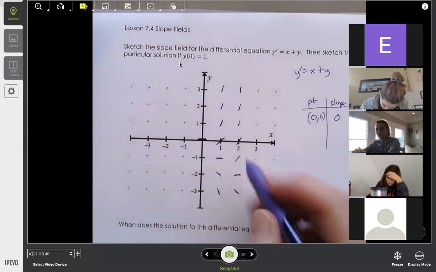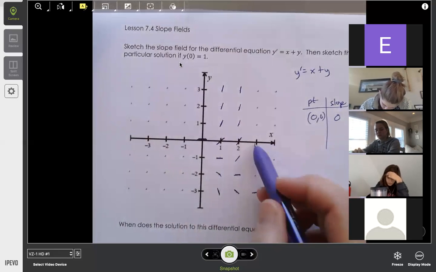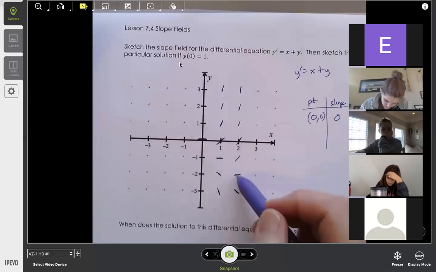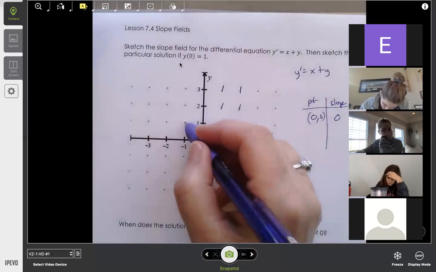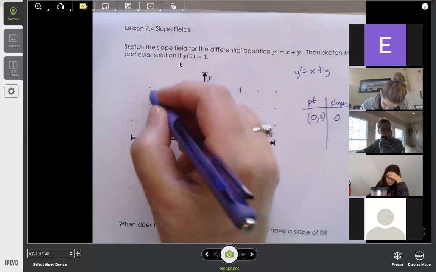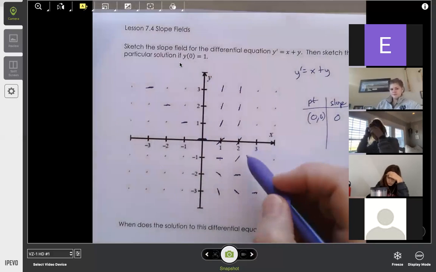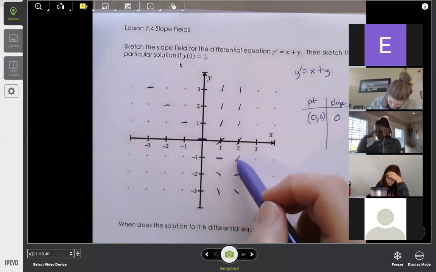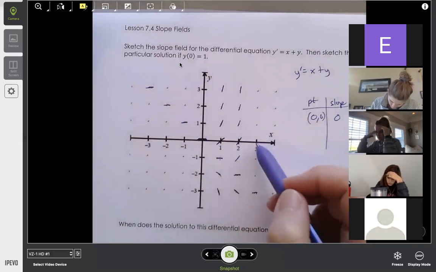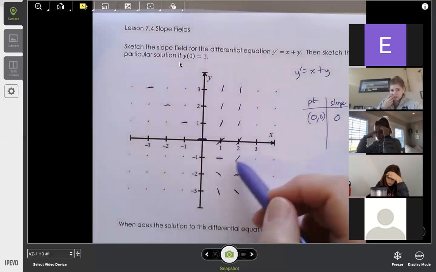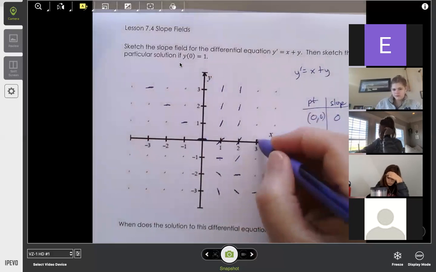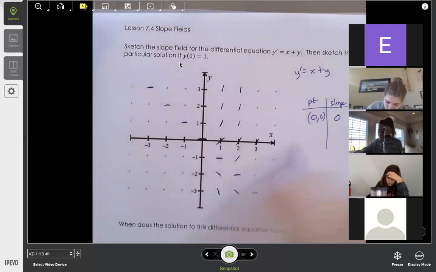But I think we can see at 3, negative 3 would be 0, 2, negative 2, 1, negative 1, negative 1, 1, negative 2, 2. So on that diagonal line, they would all be 0. 3, 0 would be 3. So we would just continue and get a whole bunch of points.